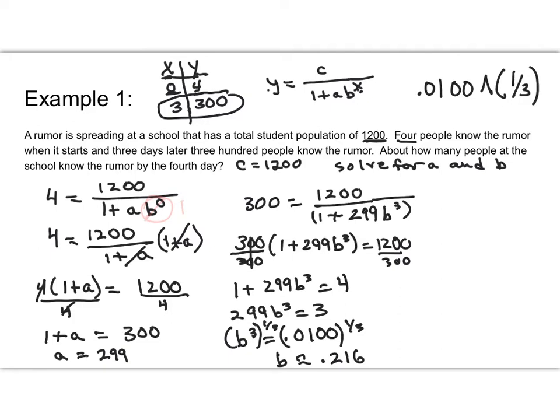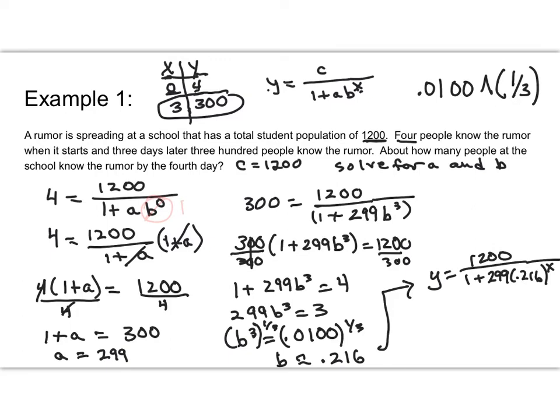And then I have everything I need for my equation. I have y equals 1200 over 1 plus 299 times 0.216 to the x. X and Y stay as variables in my final model.